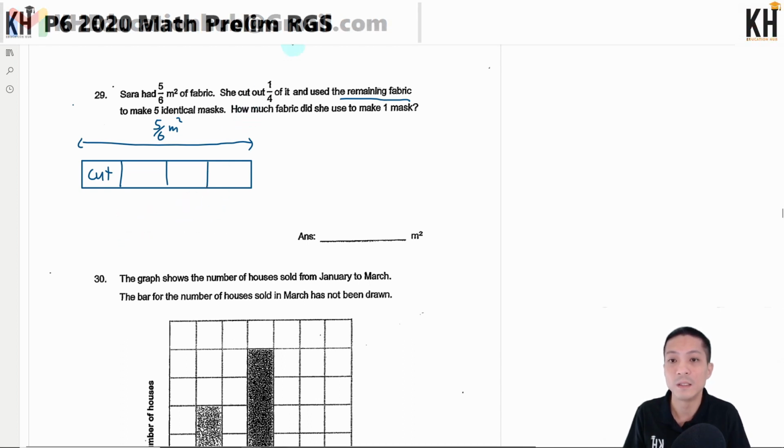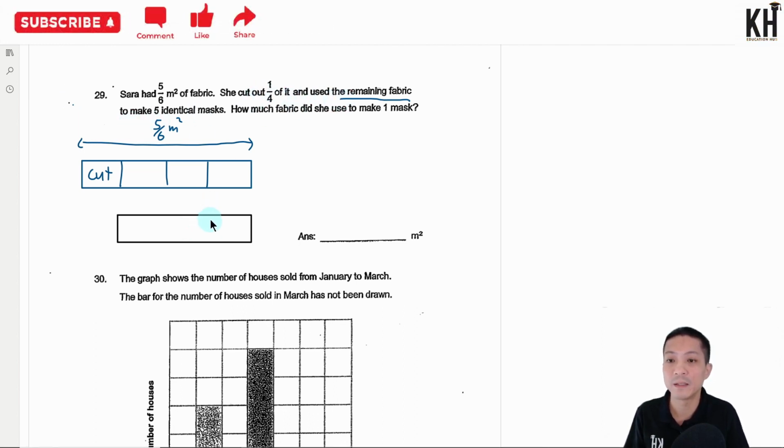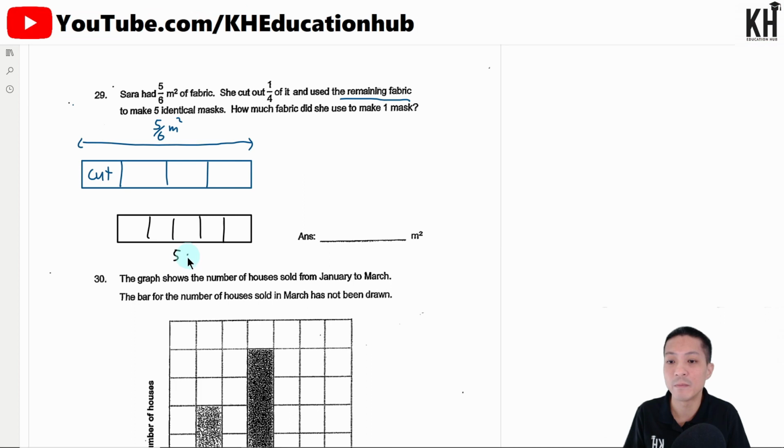A bit ugly, so let me use the shape. Okay, so to make 5 identical masks, I'm going to cut it into 5 parts, to represent the 5 masks. How much fabric did she use to make one mask?